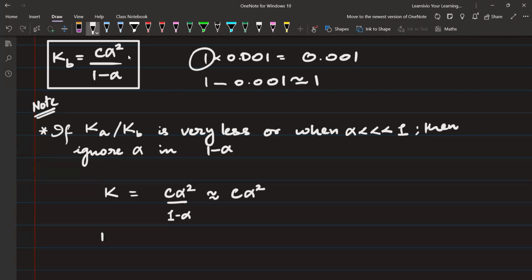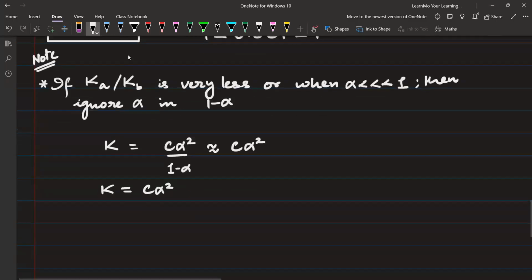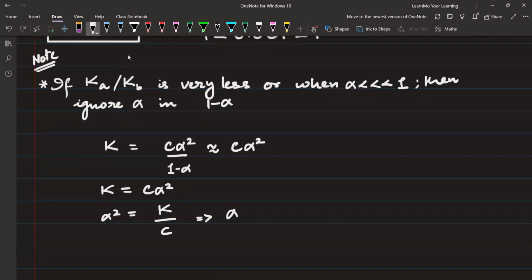Make sense? Yes or no? Now I can write alpha square will be equal to K upon C, and alpha will be equal to under root of K by C.